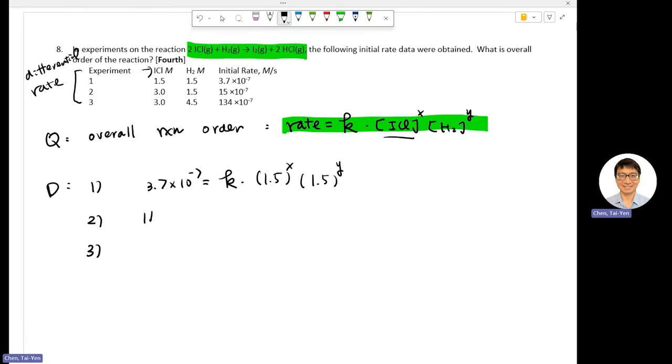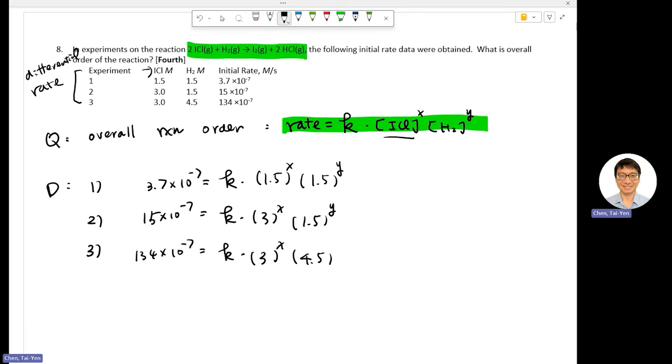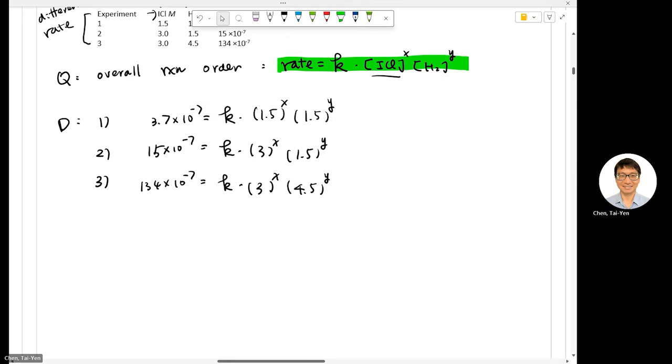Which is 115 times 10 to the negative 7 equals k times 3 to the X, 1.5 to the Y, and then 134 times 10 to the negative 7 equals k times 3 to the X, 4.5 to the Y. So the main goal is to do this to figure out your X and figure out your Y. And then the X plus Y gives you the overall order.